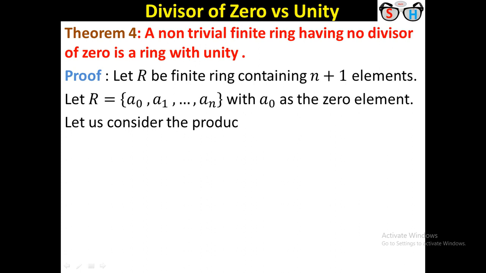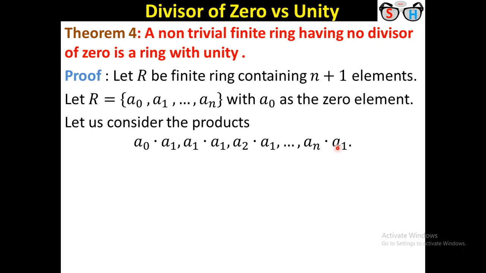Let us consider the products a0 a1, a1 a1, a2 a1, dot dot, an a1. Actually we take post multiplication of a1 with every element in the set. Post multiplication means a1 is on the right side of a0: a0 dot a1, a1 dot a1, a2 dot a1, an dot a1.